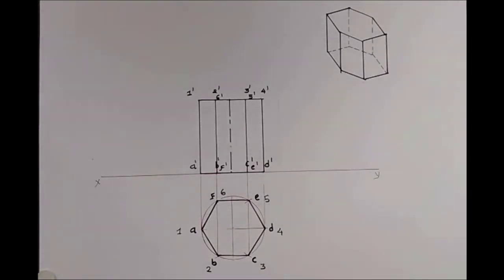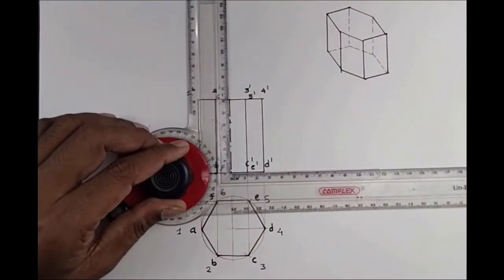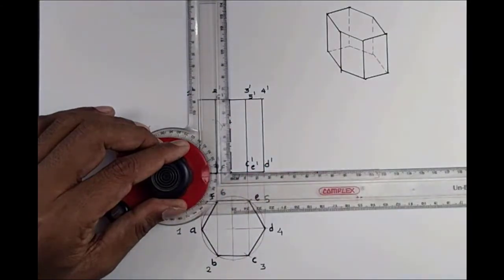So for that, first we mark our point on the axis, 40 mm from the lower base, from the HP.